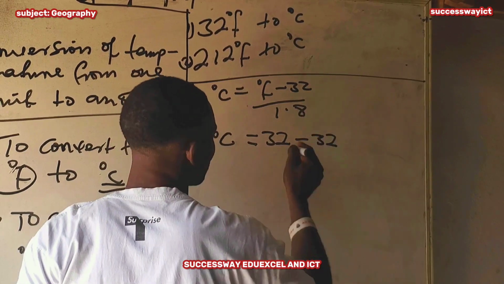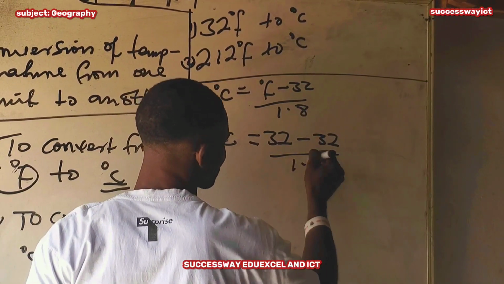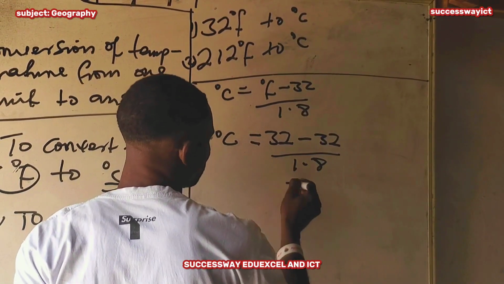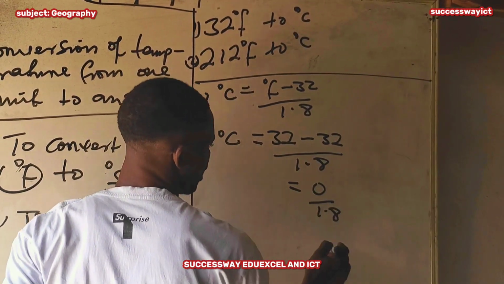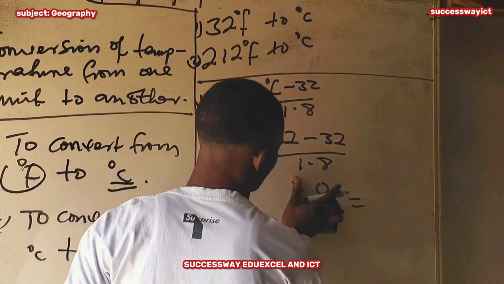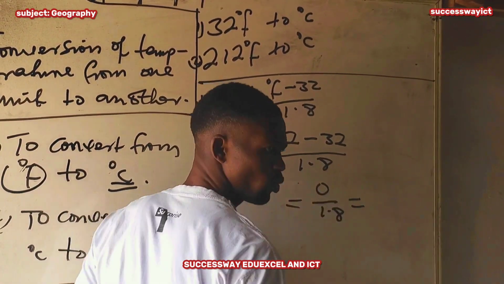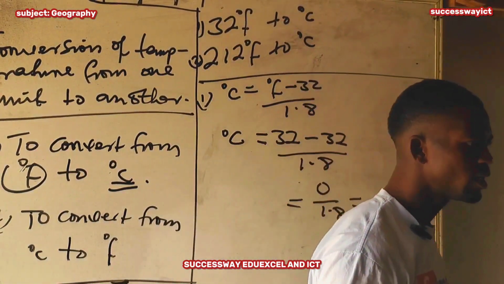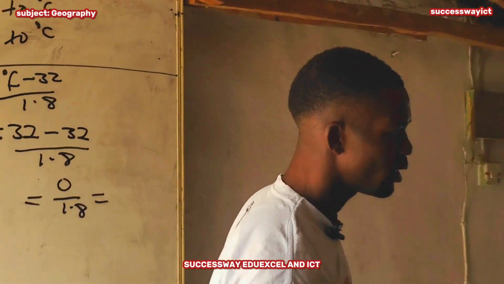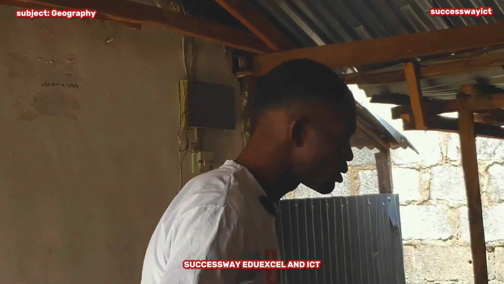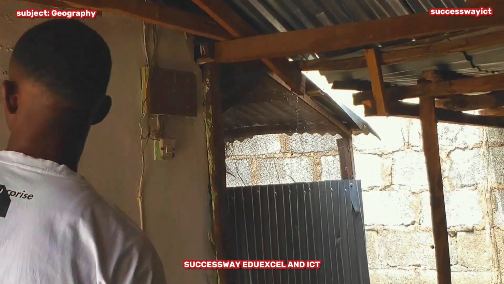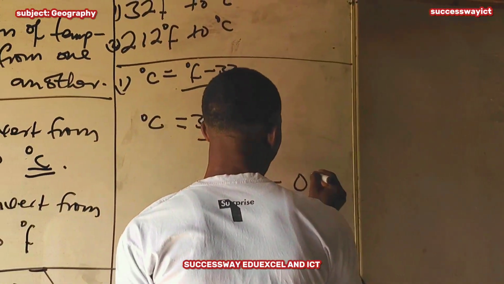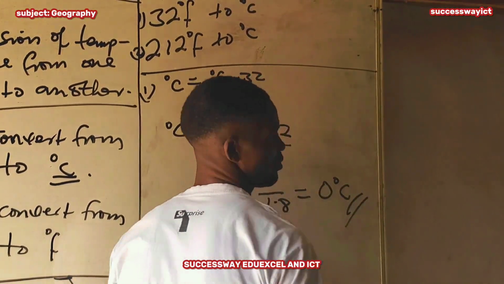Are you getting it now? This is 0 over 1.8, and what do we have? Zero. So 0 degree centigrade.